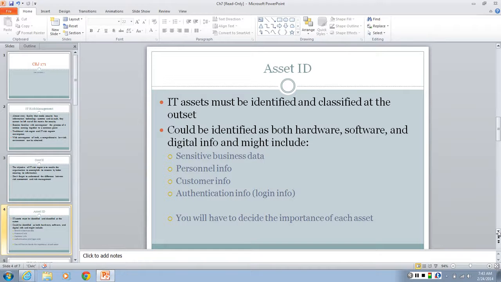So IT assets must be identified and classified at the outset, and that means first. You can identify IT assets as both hardware and software, and also digital information. Hardware is the actual pieces of computer equipment.